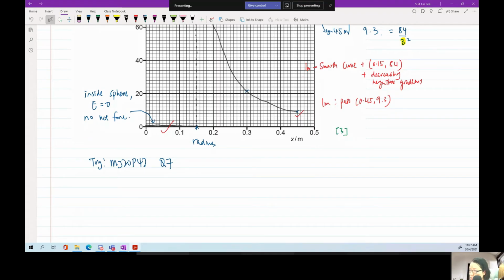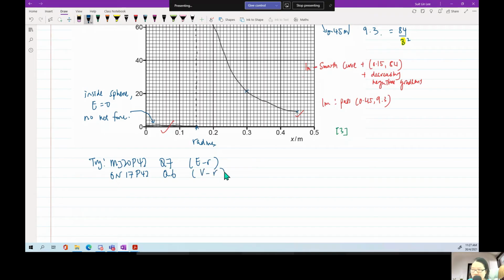And you can also try, for electric potential, this is the E-R graph or E-X graph. Also try ON17 paper 42 question 6.